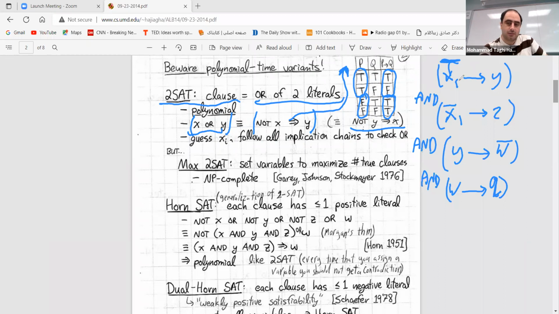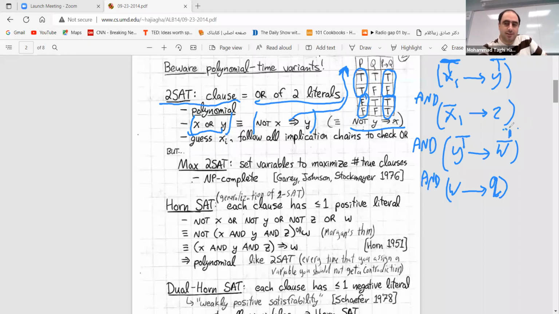Here I used x1 instead of x, but anyhow. If this guy is true, then this guy should be true. Good. Now, if this guy is true, then this one should be true as well. So if this is true, it means that w bar should be true.